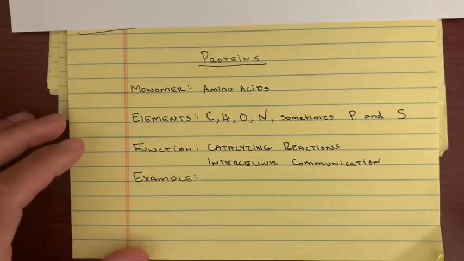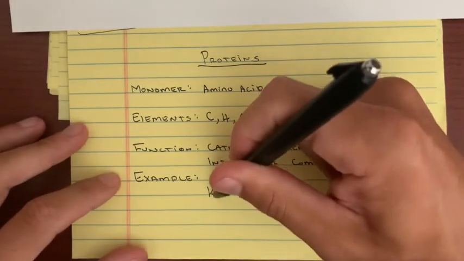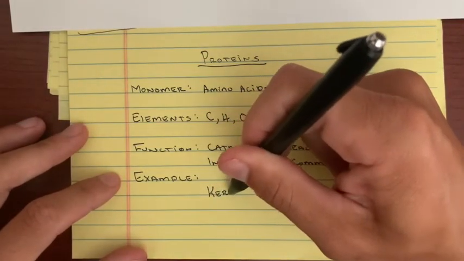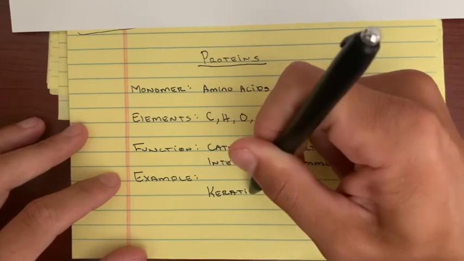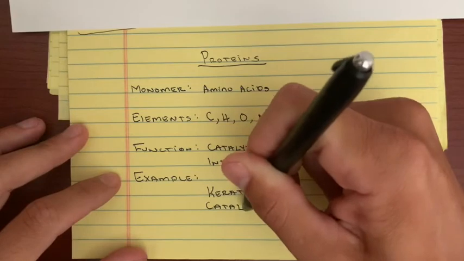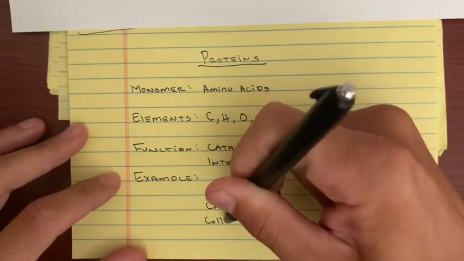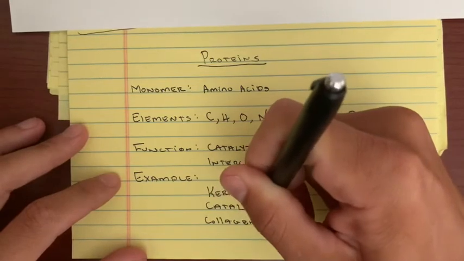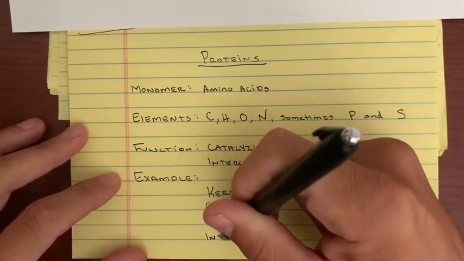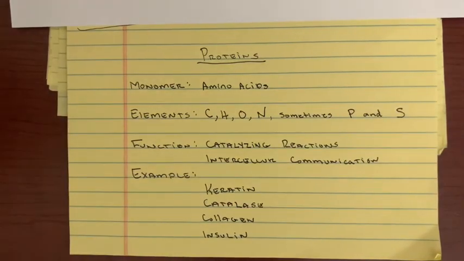So some examples are keratin, catalase, collagen, and insulin.